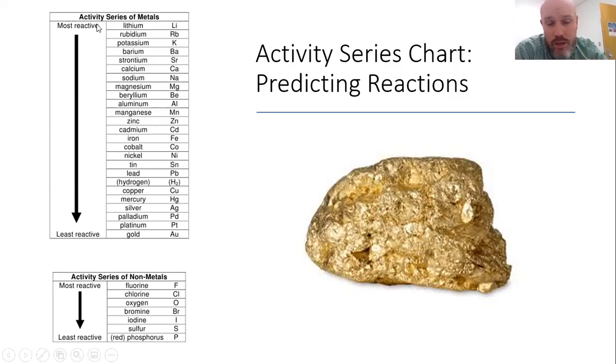The top of the activity series is the most reactive atoms, and at the bottom are the least reactive atoms. As long as an atom is higher on the activity series, it will replace an atom or element that's lower than it on the activity series. And there's also a smaller one, the activity series of nonmetals, that we will also use a little bit during this video.